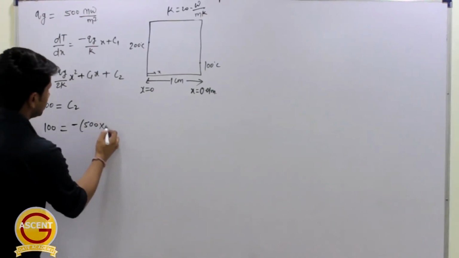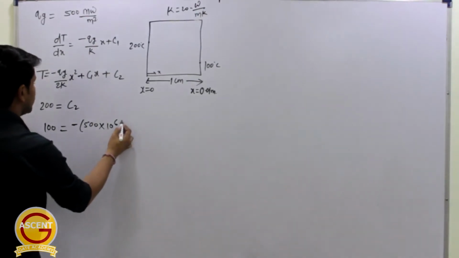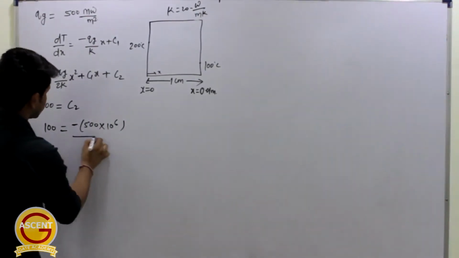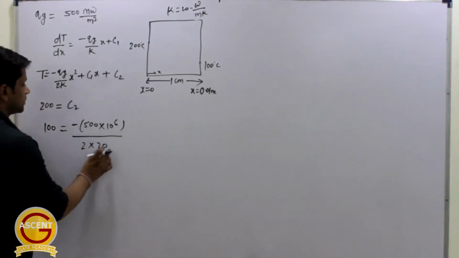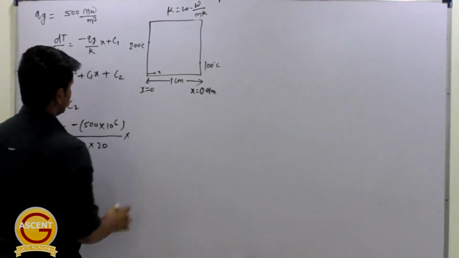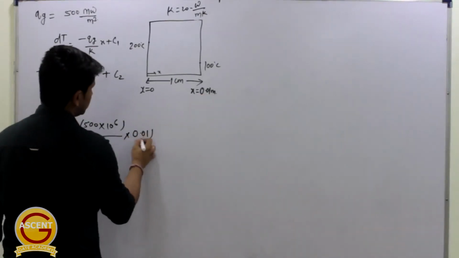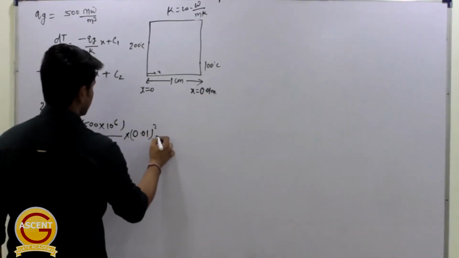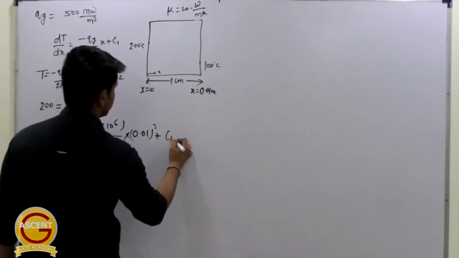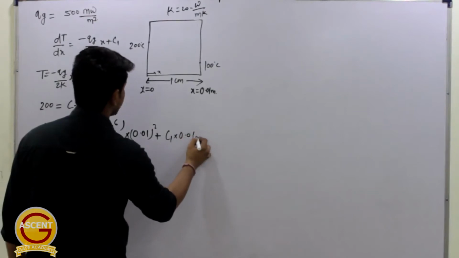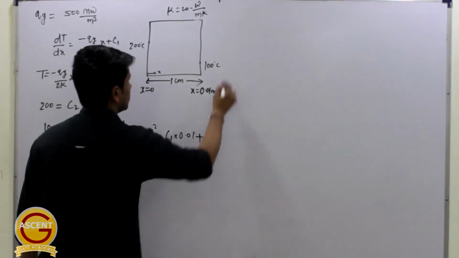So 500 into 10 to the power 6, to convert megawatt into watt, you multiply with 10 to the power 6, divided by 2 into 20, which is the thermal conductivity value, multiplied by x, which is 0.01, so 0.01 whole square, plus C1 into 0.01, plus C2. So the C2 value is 200, right?